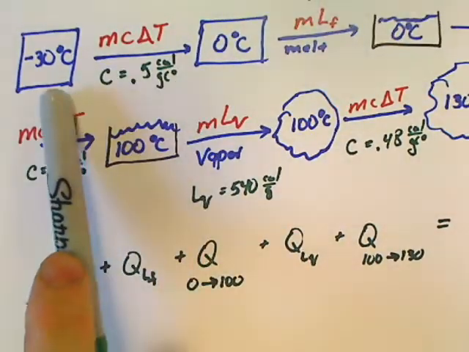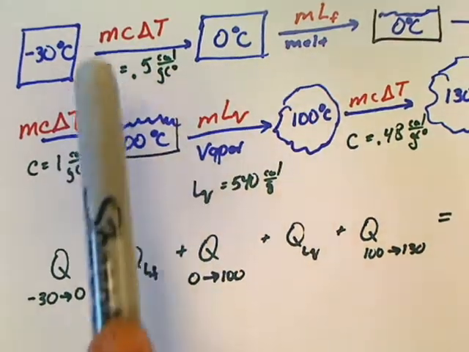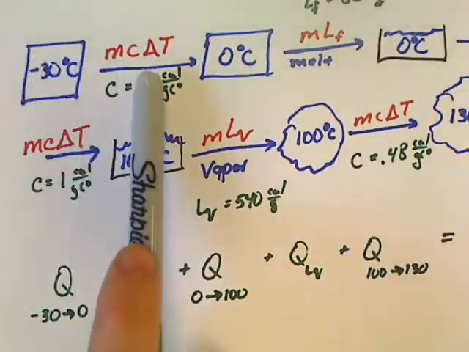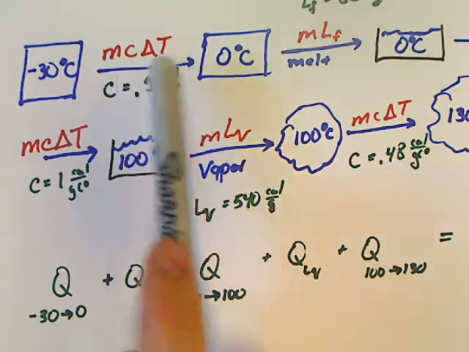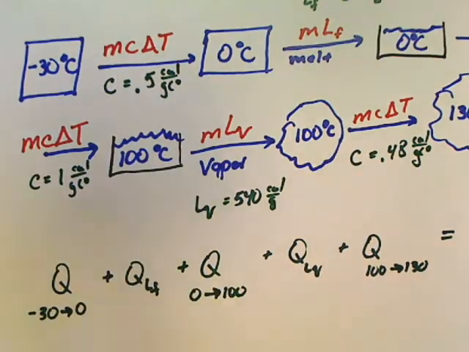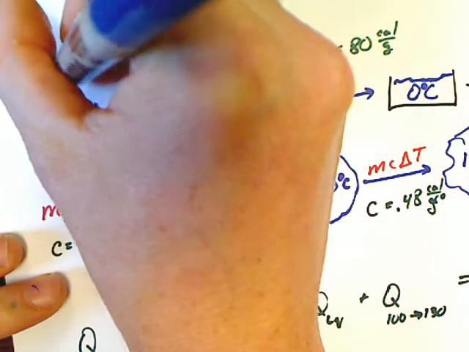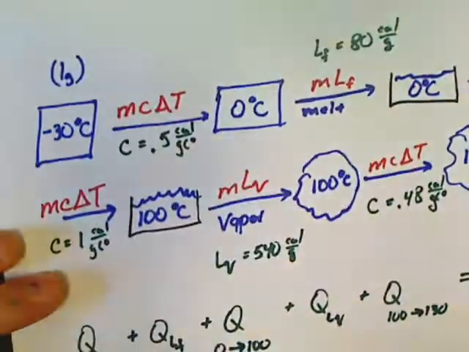Let's go ahead and work this problem and actually get an answer. I'm going to plug in values for every single MC delta T and every single ML that we've got in this problem. Let's just make this 1 gram of ice, an easy number.